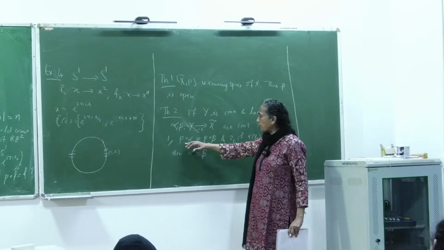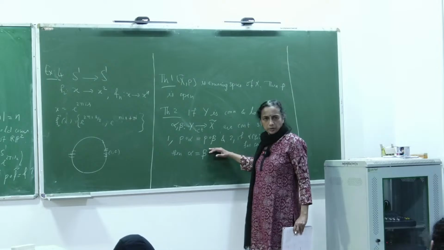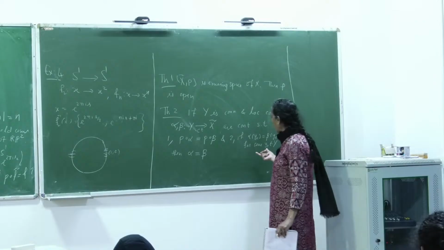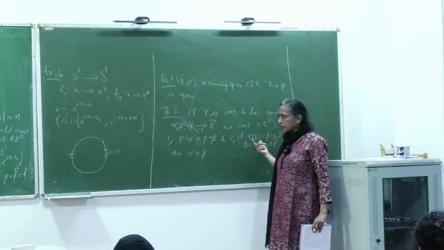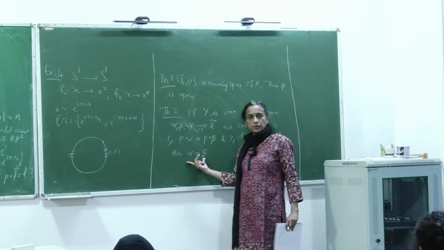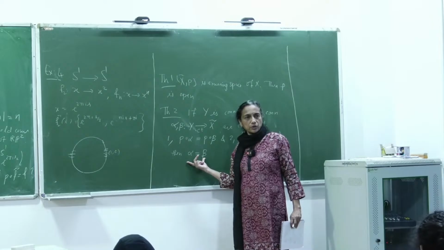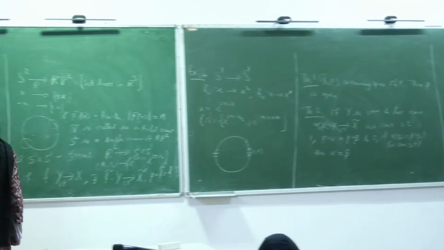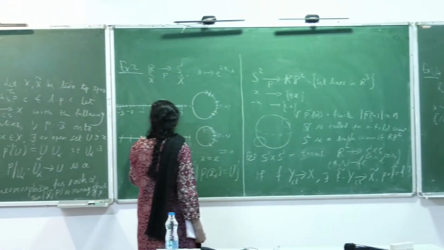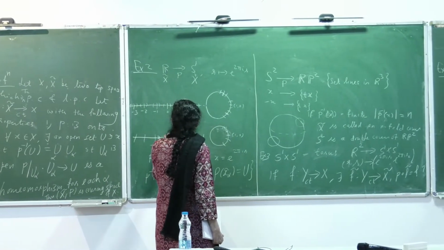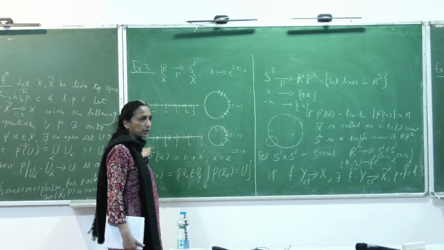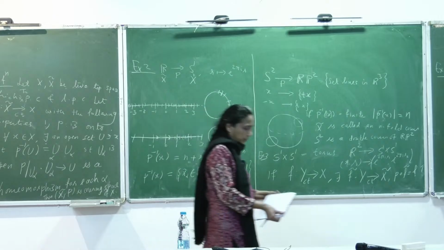They are lifts of the p composite alpha map, which is the same as p composite beta. So there are 2 lifts, but if they agree at some point, then they are the same. This is what it says. So for example, I took these paths from I to this, and if they agreed, then these images are disjoint, but if they agreed at some point, then they have to be unique, okay.